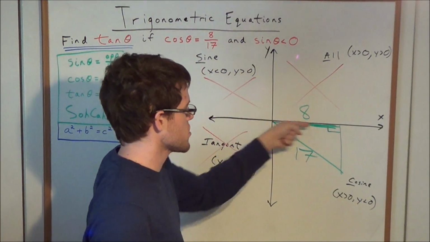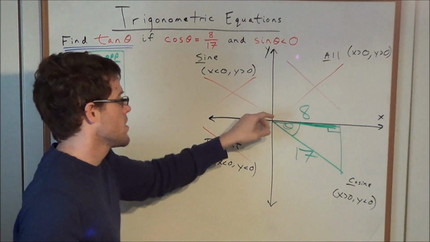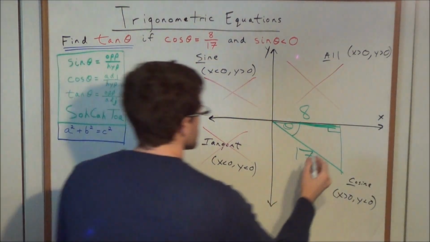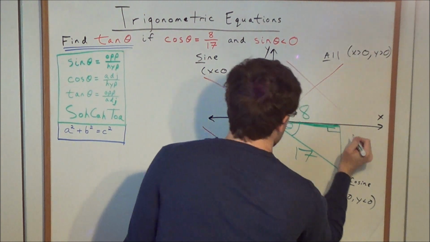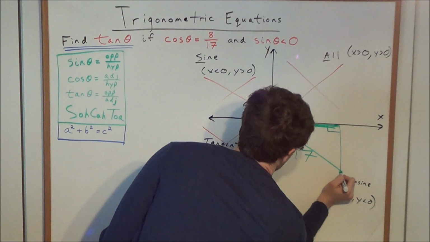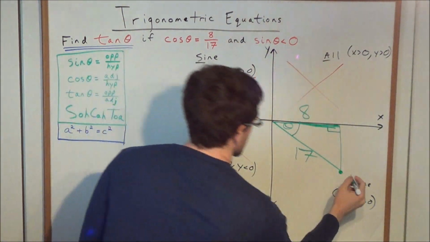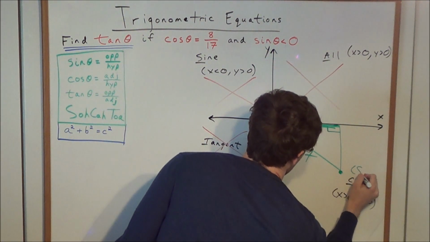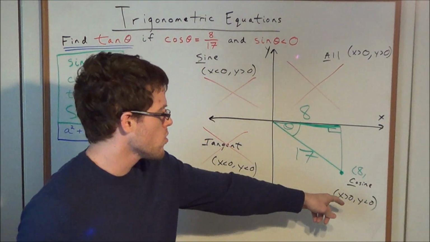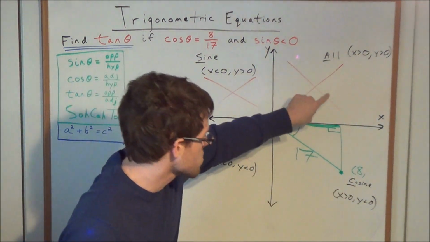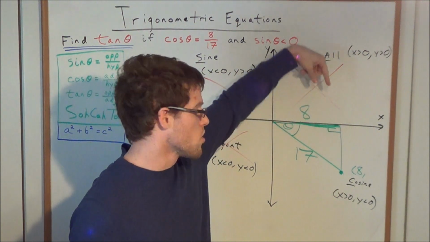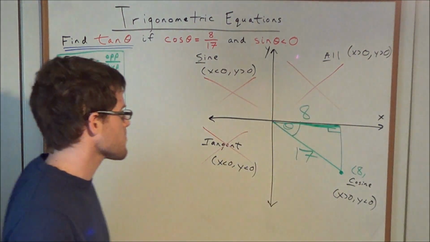We fill in 8 and 17. Now we need to find the missing side of this right triangle, keeping in mind that so far all we have is the x-coordinate as 8. Since we're in the fourth quadrant, our y-coordinate is going to be less than 0, because we're going down along the y-axis.